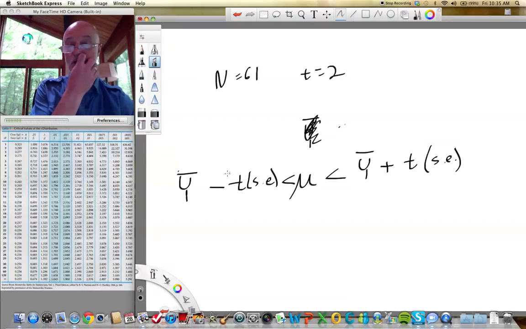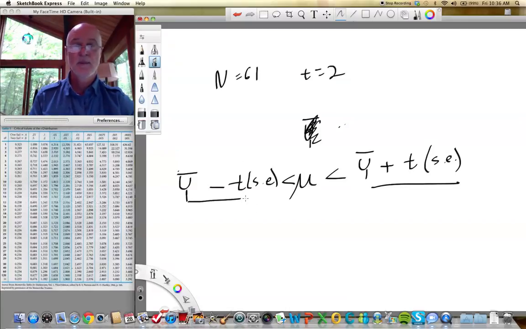So mu is going to be somewhere between this lower limit and this upper limit. And we tell what t value to put in based upon the sample size.